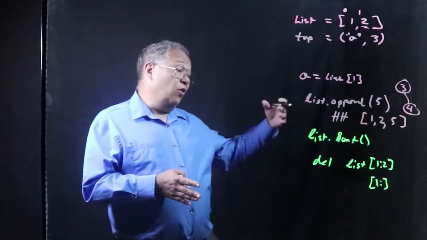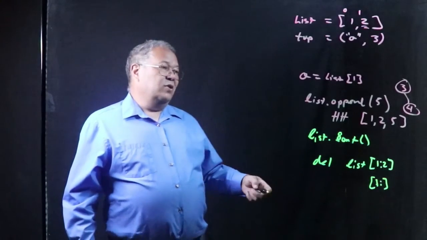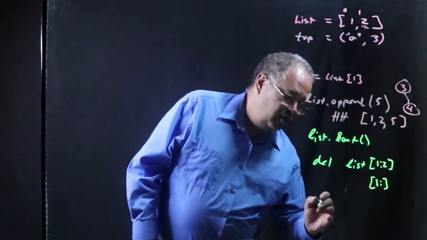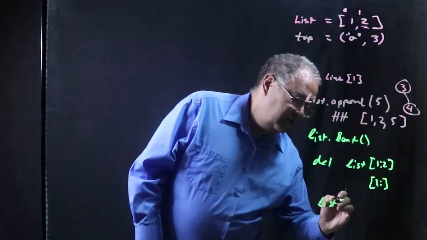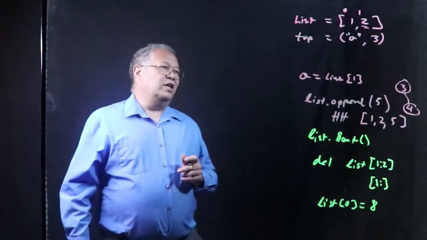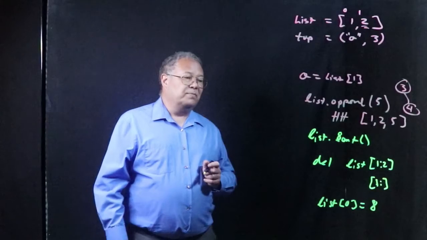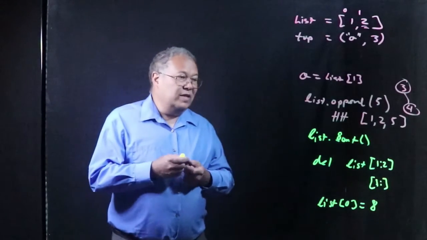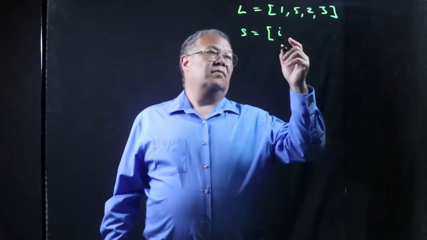That says go from there all the way to the end of the list. So we've got ways to add things, change things in a list. We can do list sub 0 equals 8, and change the values inside a list. Those are the basic list operators, and then we got to something called list comprehensions.